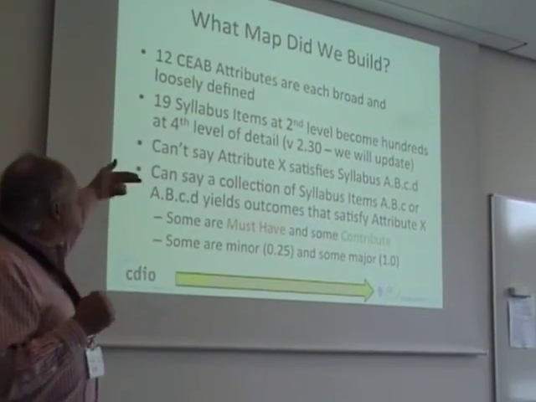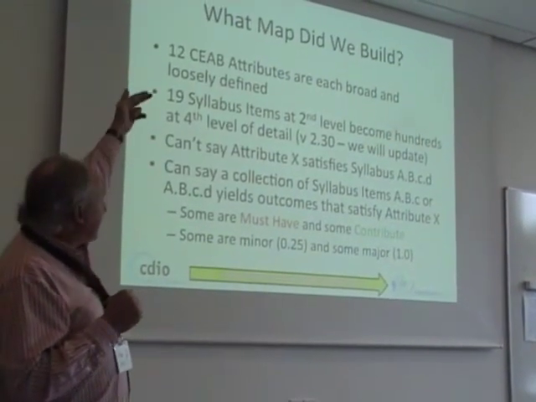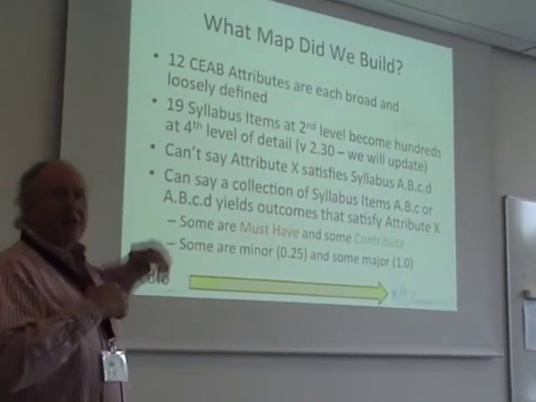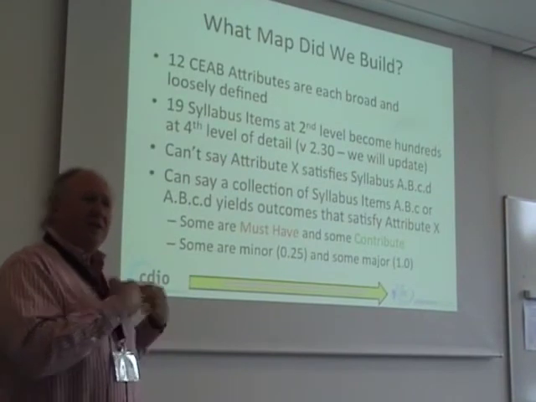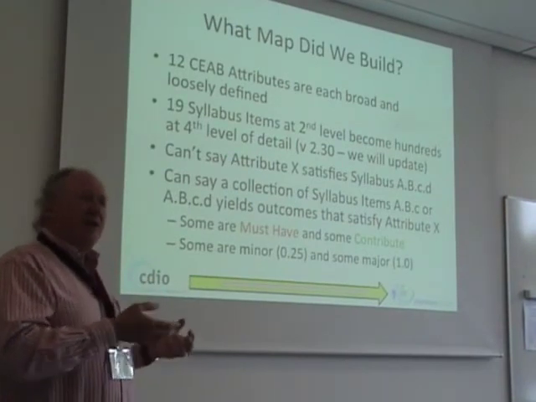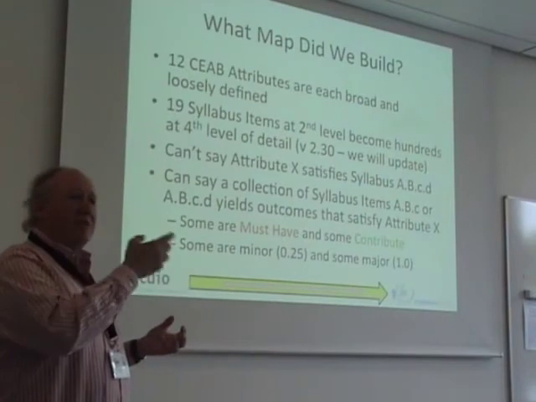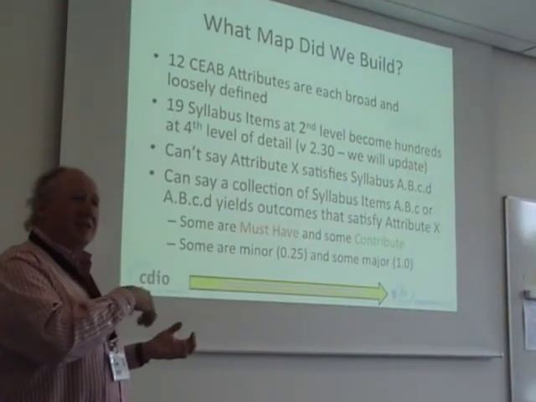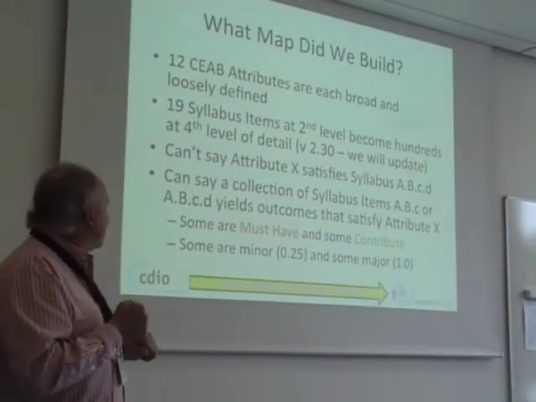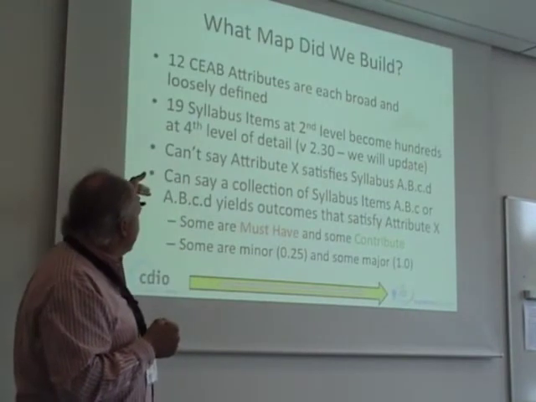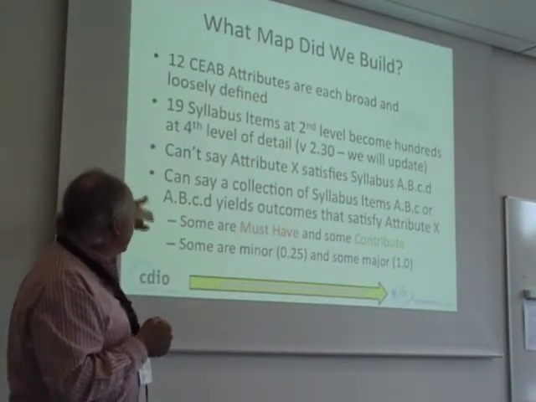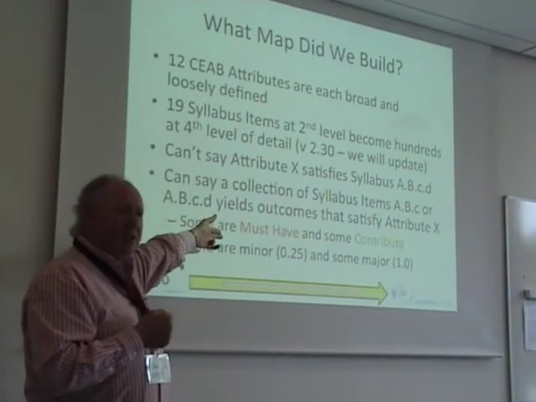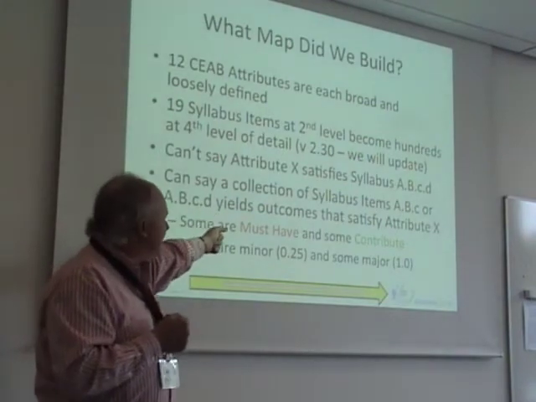So we can go from the detail level up to the higher level in our process of justification, our process of accreditation. We can't easily go from the general level down to the detail level without doing a lot more work. So some of these syllabus items or learning outcomes are in the must-have category. You'll see them in red in the later charts.